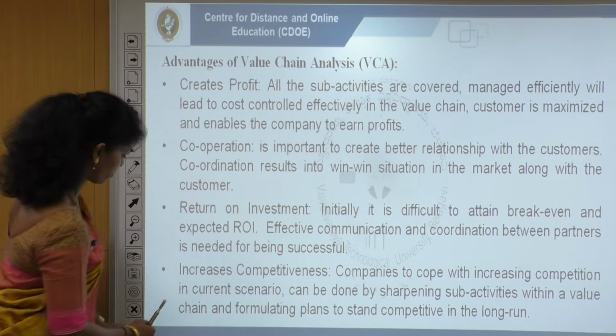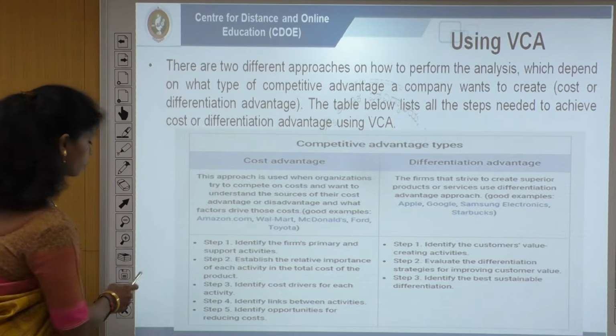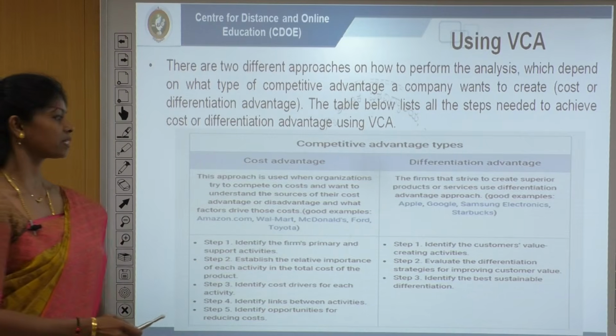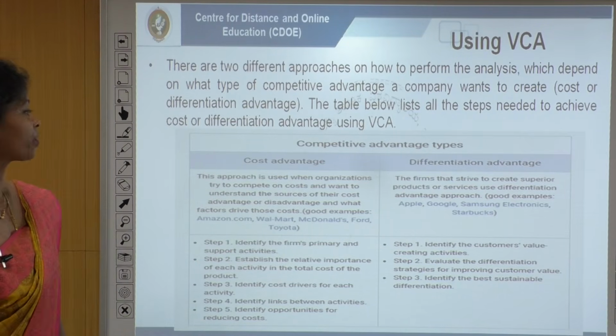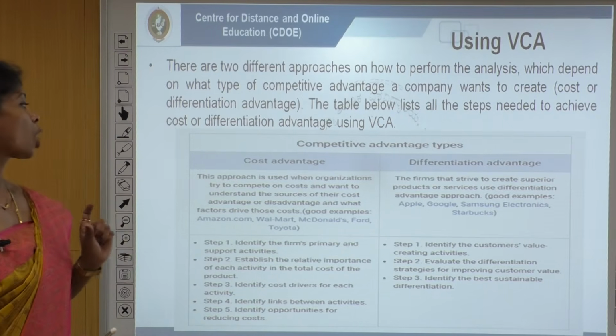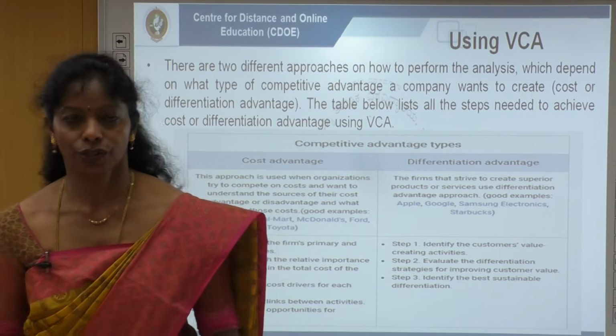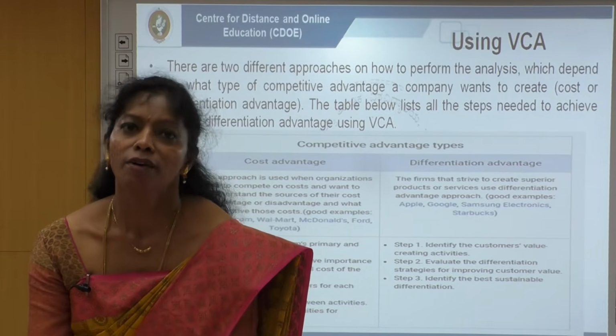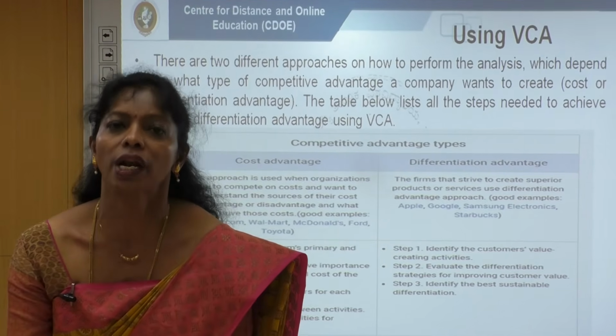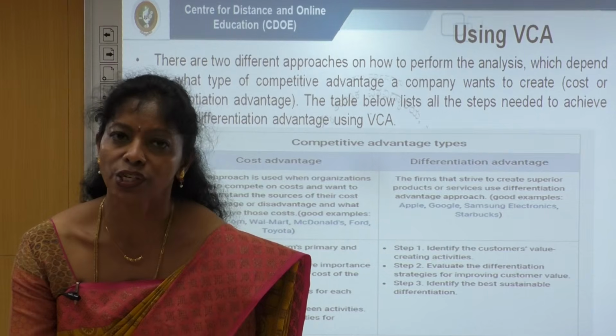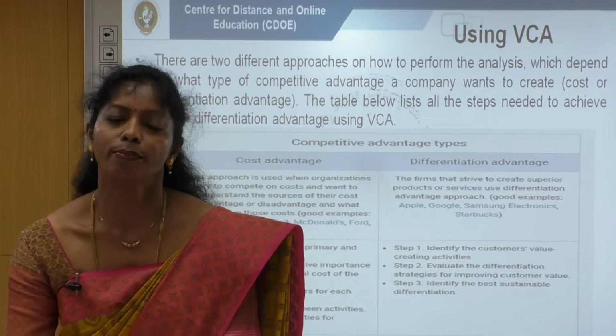In the cost advantage, this approach is used when the organization tries to compete on cost and wants to understand the sources of the cost. When you talk about cost, we have fixed cost, variable cost and other contingency costs which are hidden in the process of manufacturing.